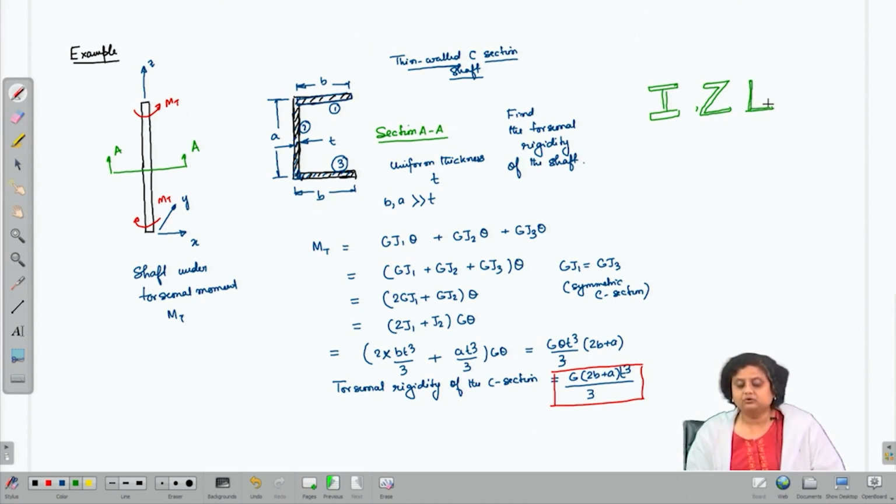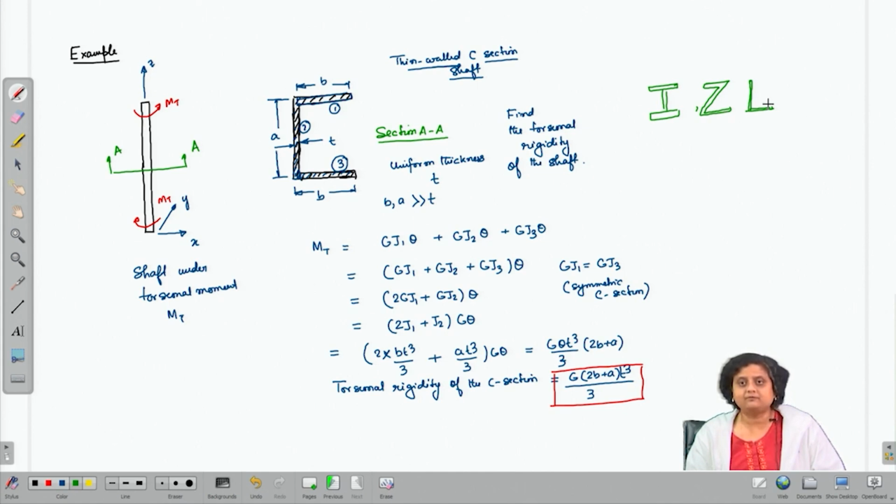So, this shows that by making a very small approximation without losing any considerable accuracy, we can obtain a very easy way to find the torsional properties, or do the torsional analysis, of a shaft with a thin wall cross section.